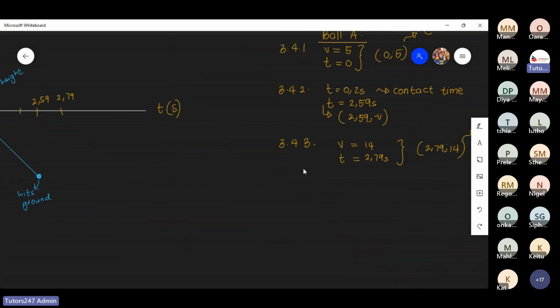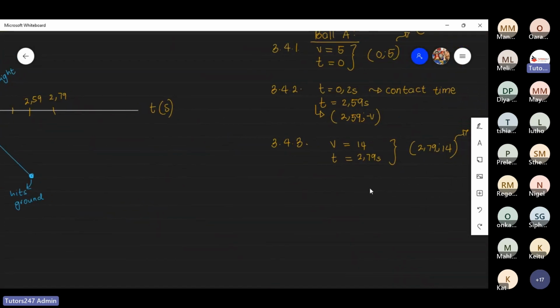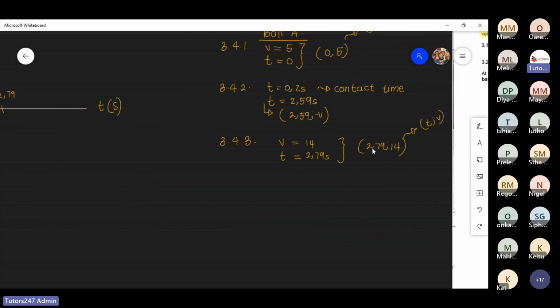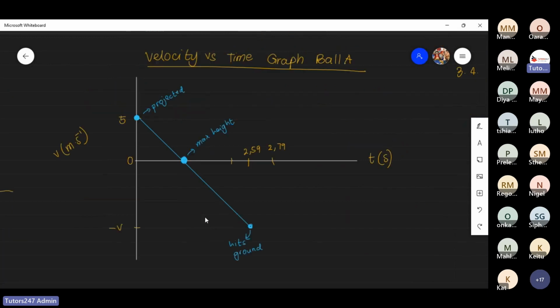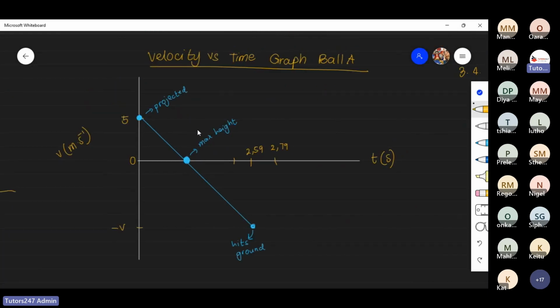If you go back to 3.4.3, you can see we even plotted a coordinate, 2.79 and 14. So let's go and plot that. We need to now have a 14 on our y-axis. So let's go indicate a 14 over there. Let's have 14 be here, the highest point. So this is 14. So now let's make a point. So from 2.79 to 14, that's about here. So that is when it rebounds.